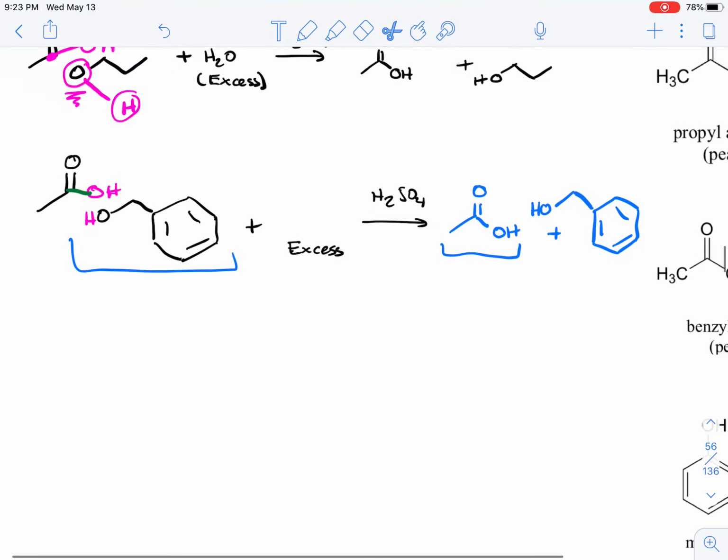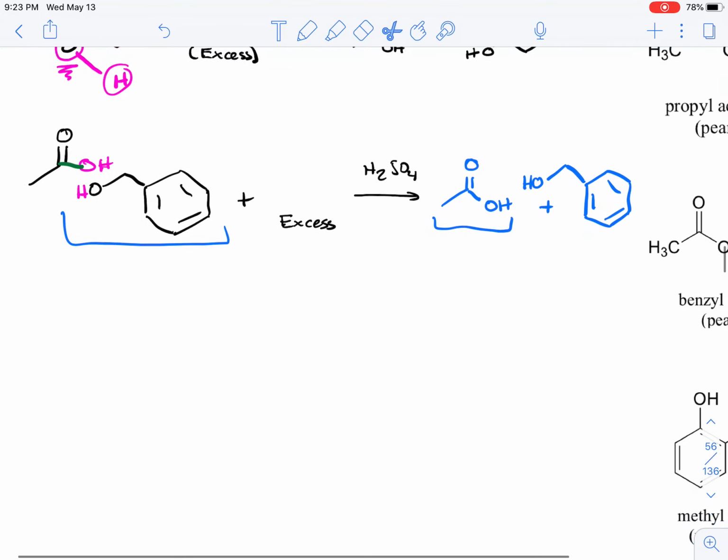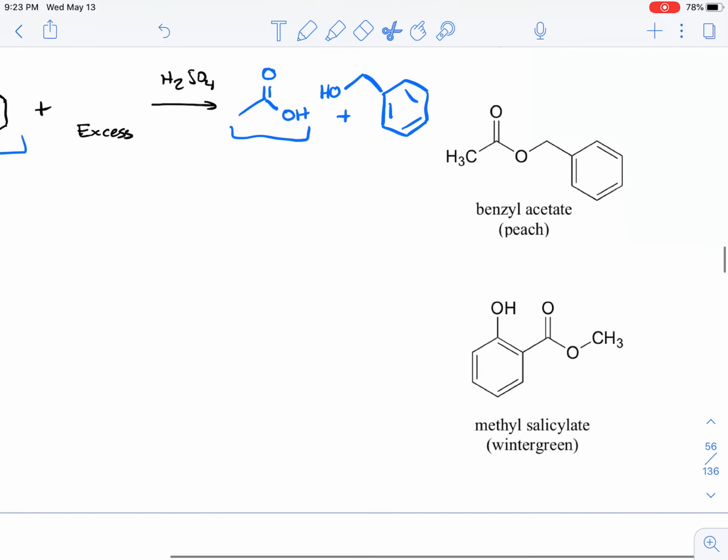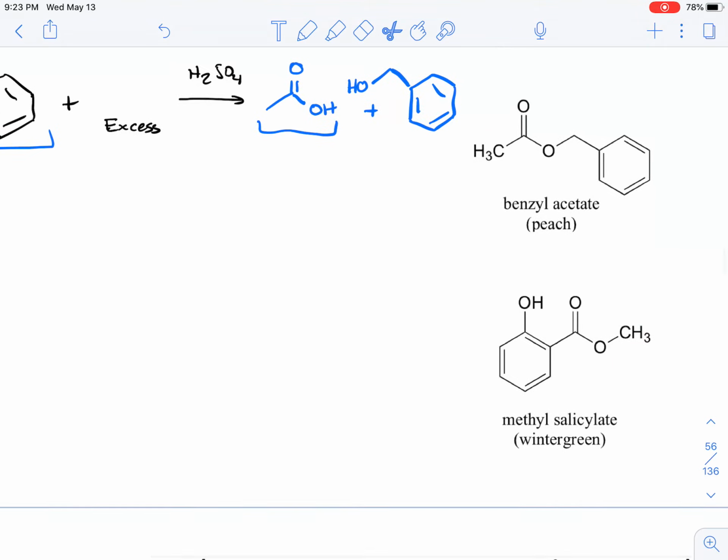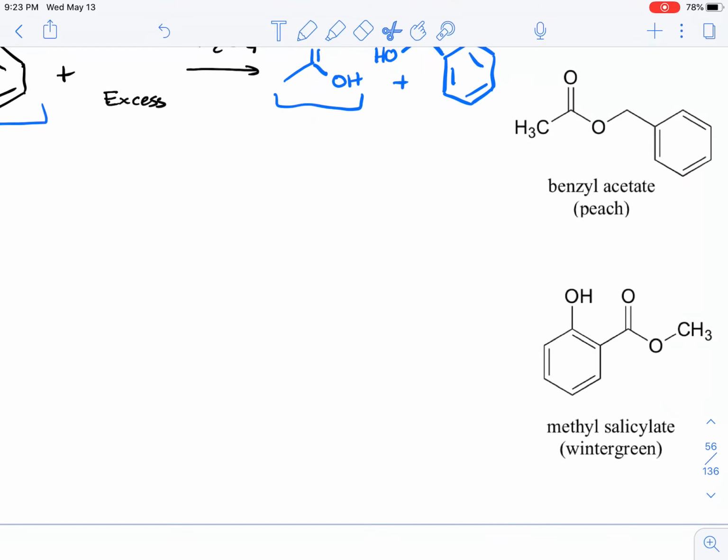And so hopefully you guys are seeing the pattern. You guys understand how this whole thing works. So let's go ahead and do the last molecule, which is methyl salicylate. And so let me just commit that to my mental memory, see if I can redraw it.